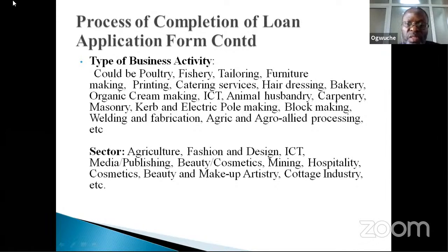Tailoring falls under fashion and design. Then furniture comes under things like the cottage industry. Organic cream making falls under cosmetic, beauty and makeup artistry. And animal husbandry also falls under agriculture, and so on down the line. So that is how we differentiate between business activity and sector.